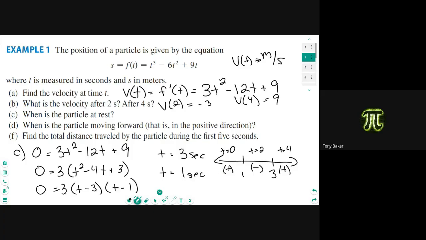So over which intervals is the particle moving forward? From what time to what time? Yep. From 0 to 1. And then 3 to infinity.